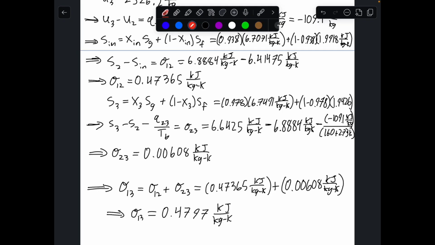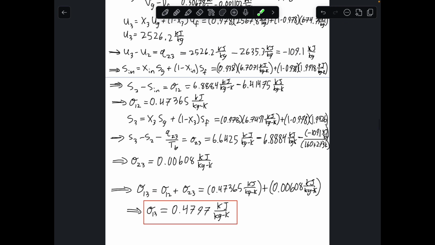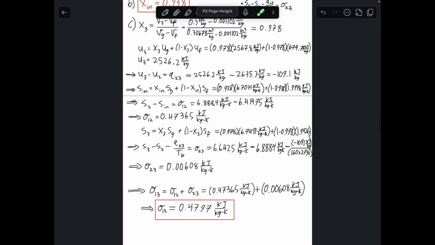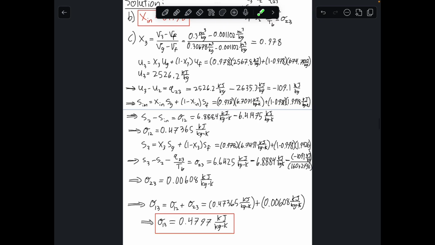Maybe you got a slightly different answer depending on how you do your rounding. There's a lot of places where you could have differences with rounding here, since we're doing a lot of different computations. But your final answer should be somewhere around there for the total entropy generation of this process.